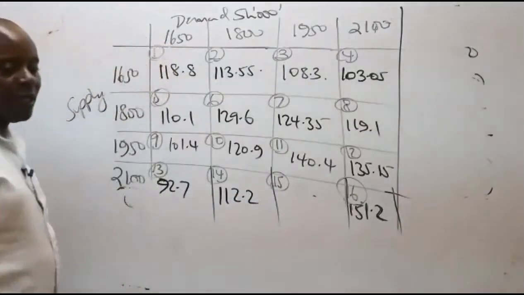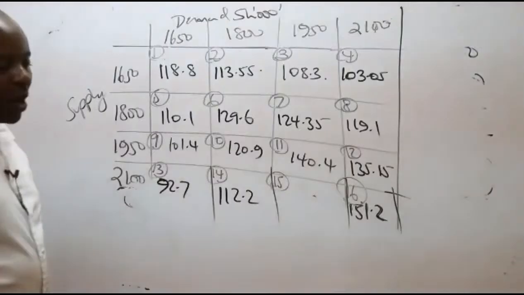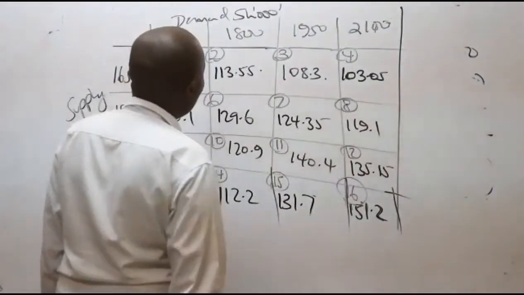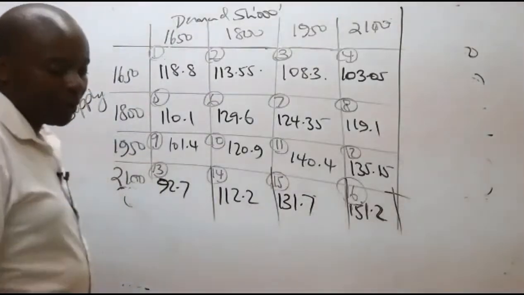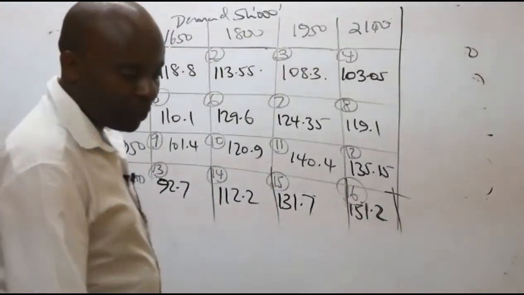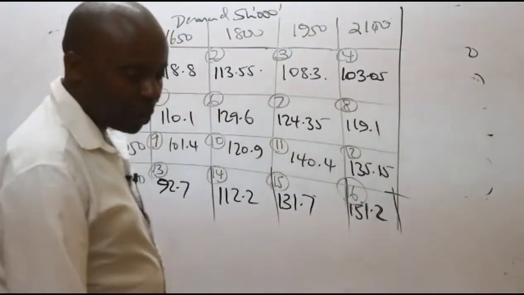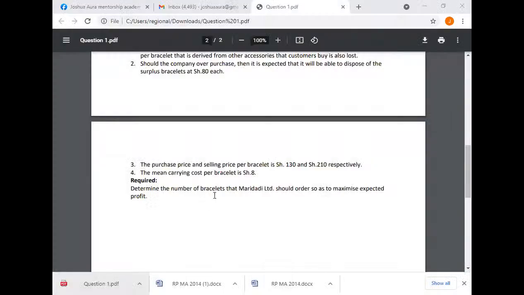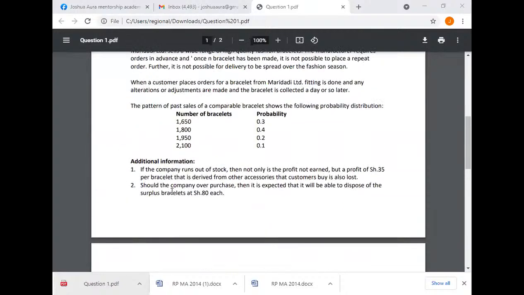The last one, cell number 15, 131.7. Ladies and gentlemen, then what they expect us to do is to give them expected profits. So determine the number of bracelets that Maridadi Limited should order so as to maximize expected profit.